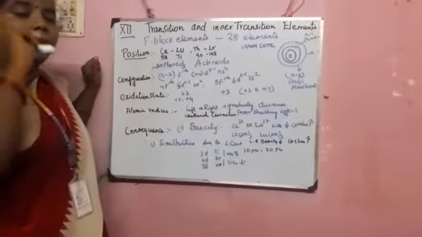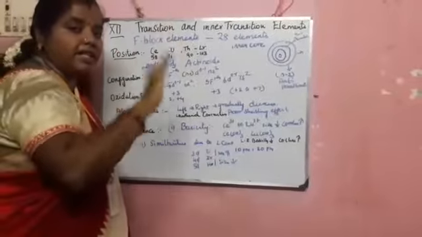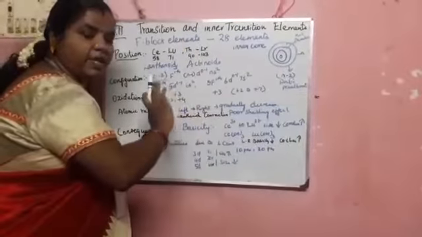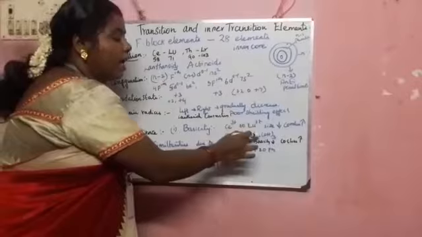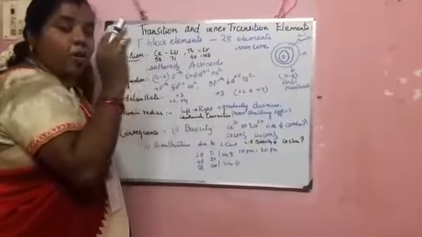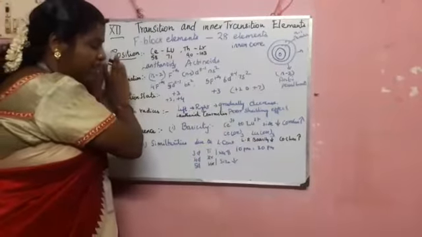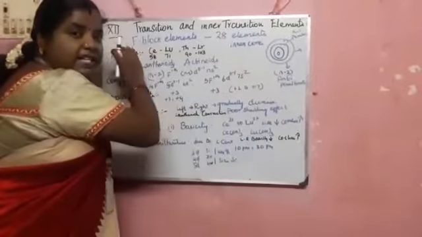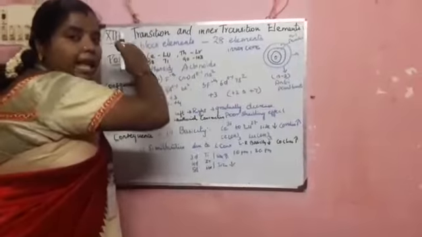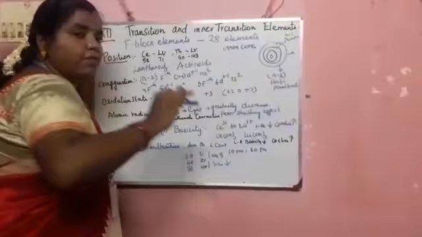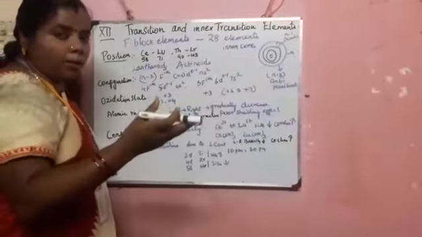So in cerium, it is easy to remove the basic ions, that means OH, it is easily removed. But in lutetium, because of the contraction, from cerium to lutetium, the sizes have decreased. Due to the lanthanide contraction, it is very difficult to remove the basic ions.